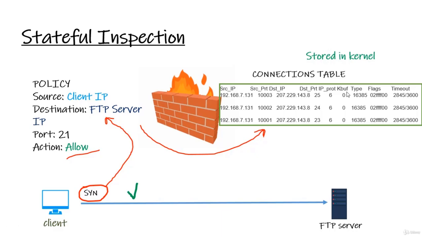So once we open up a connection to the FTP, our firewall already knows, just like our client, what kind of acknowledgement we expect. So when the traffic goes back from the FTP server, the Check Point firewall checks its connection table to see if that flag for that specific connection is allowed.